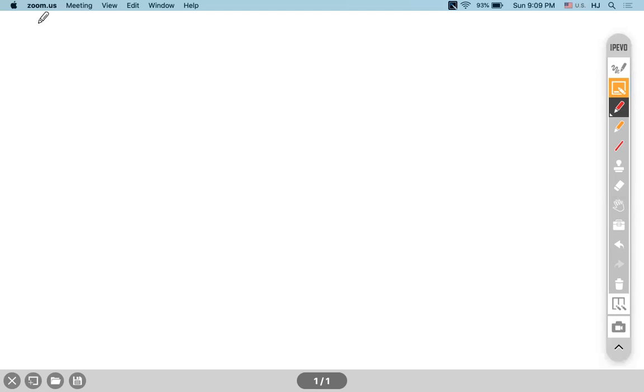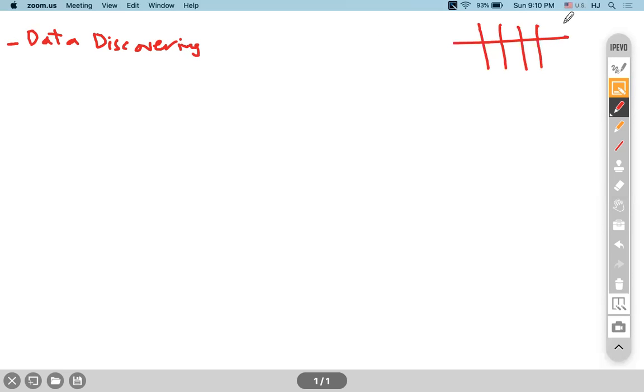So I prefer to talk first of all about data discovering. When we talk about data discovering, we have the data, so let's assume that we have the data as a table or as a data frame, and we try to discover it. We have different techniques to discover the data.